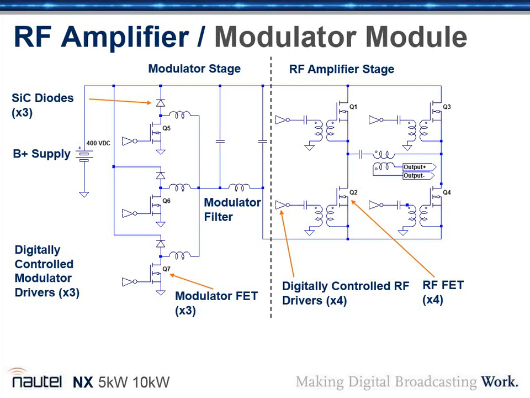It's a Class D full H-bridge amplifier, so it switches pairs of FETs at the same time. The power is coupled off the center here. So Q3 and Q2 might be on, while Q1 and Q4 are off. That's right. Then the whole thing switches, and we do the switching at a time when the waveform is at zero potential across the device, so we don't have losses. It minimizes the dissipation in the devices, which is why we get 98% efficiency.